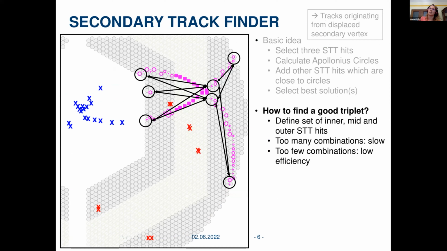Yeah, I understand. The problem is that in a microvertex detector, we quite often can't find our secondary tracks because the secondary tracks are able to travel so far that they will decay here in the straw tube tracker. Therefore, we can't really use the microvertex detector hits for our secondary tracking.